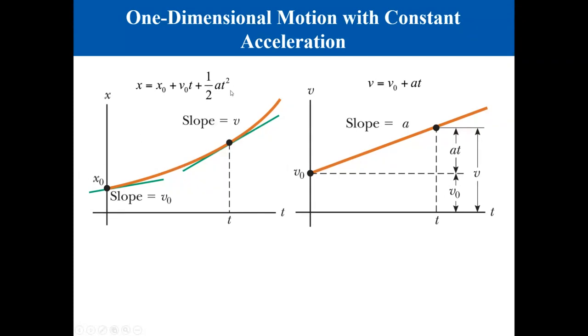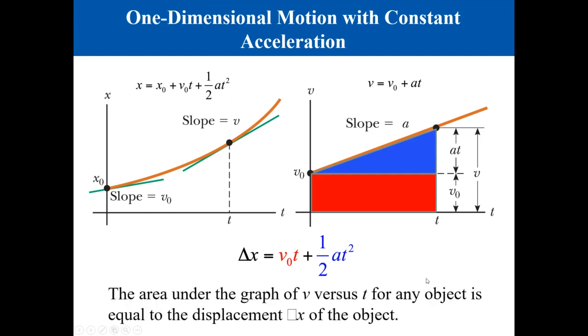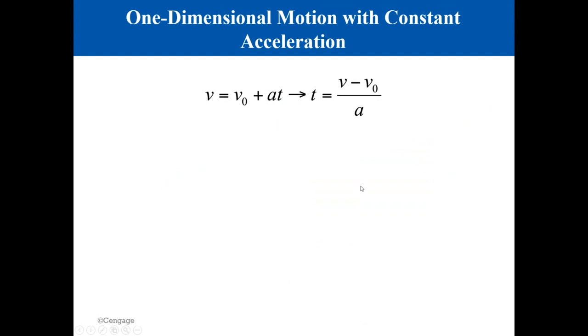But because you have this power 2 term, this red colored curve gives us the value of x with time. So the change in x, v naught t plus half at squared, we can also calculate as the area under the graph of v versus t, which for any object is equal to the displacement delta x of the object.